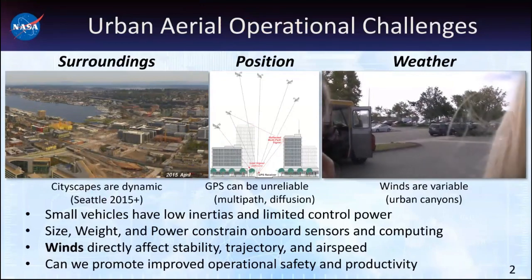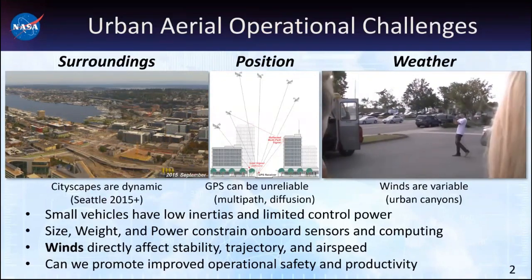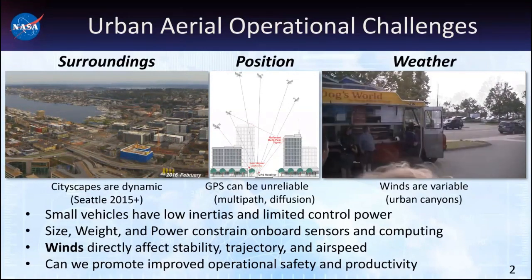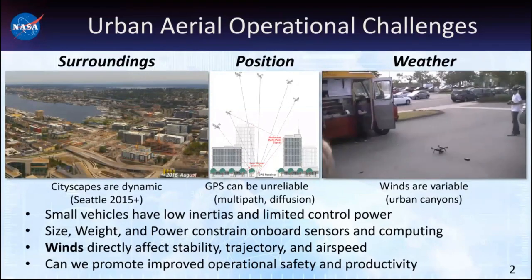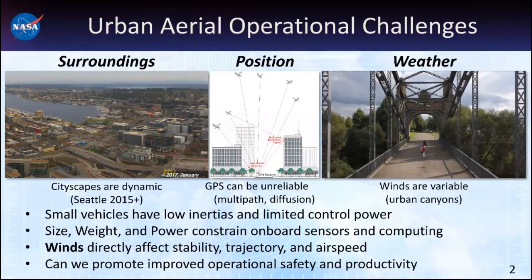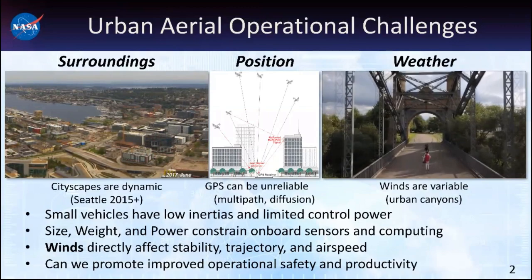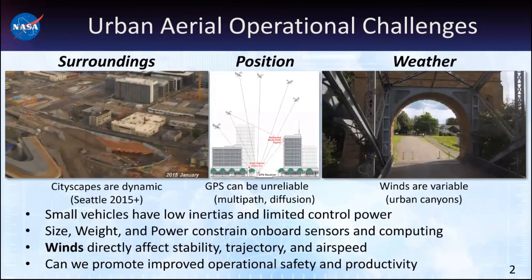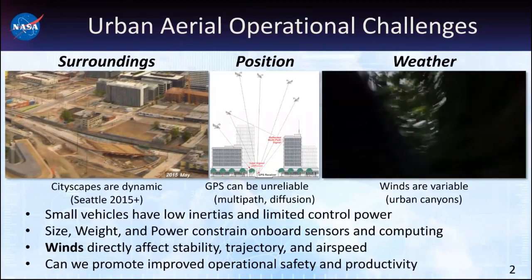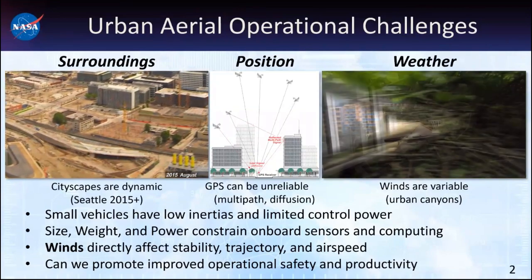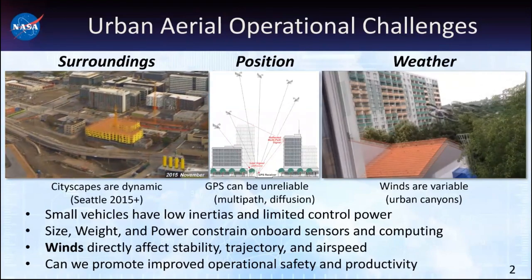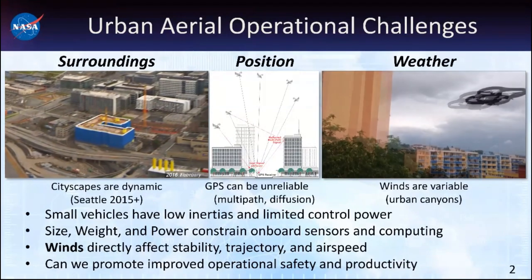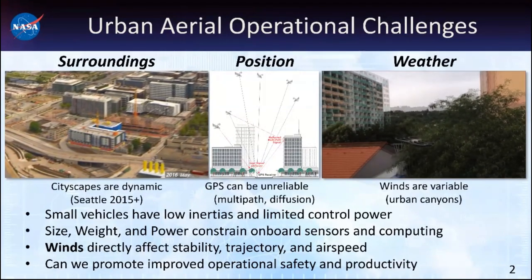As aerial operations move more and more into urban areas, we know that there will be some new challenges that are going to arise. Our cities are dynamic and they're constantly changing, and that is complicated when vehicles need to fly at low altitudes where those building shapes will influence the wind.